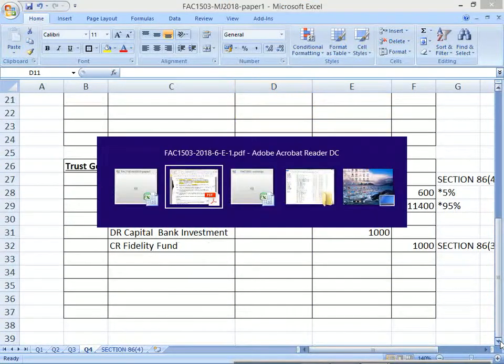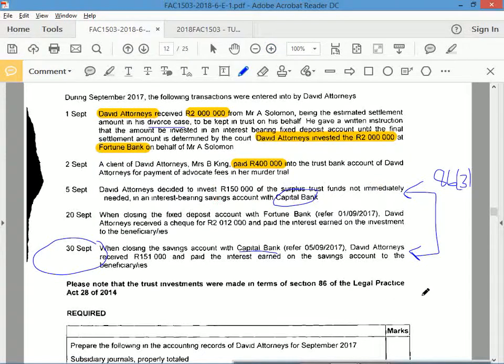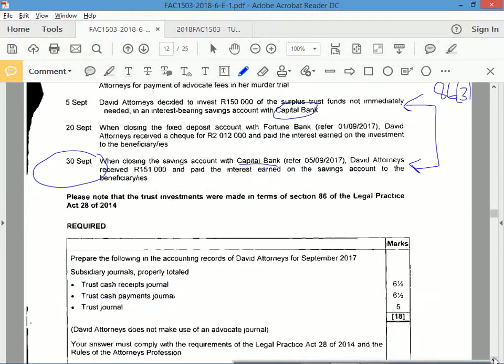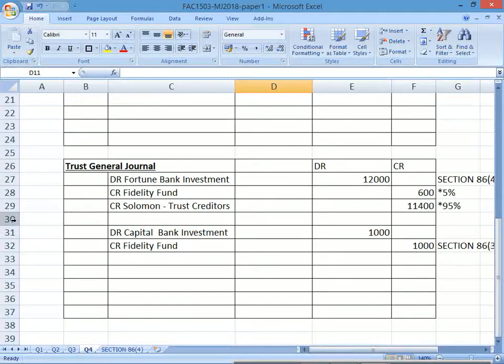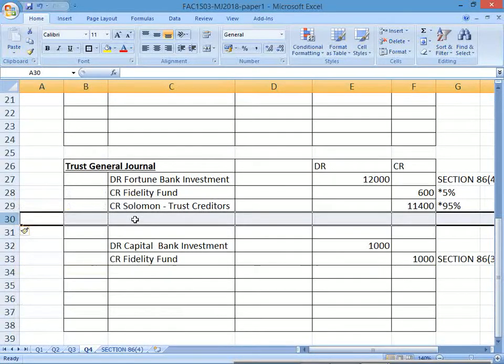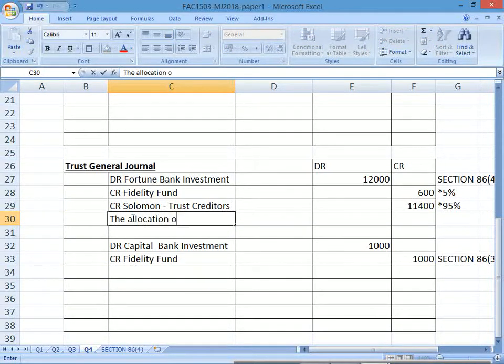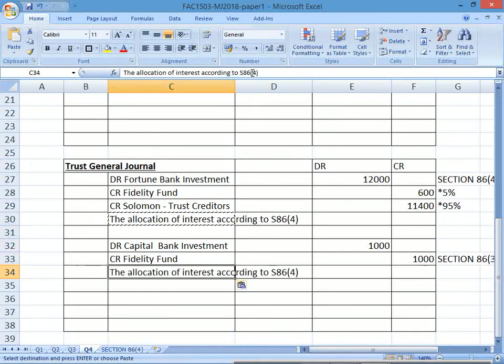Did they ask for narrations? We need to look at that. A narration. Okay, a general journal has a narration, so we need to include it. They didn't say omit narrations. So here you would have to say the allocation of interest according to section 86.4, and then you could say that as well here, 3.